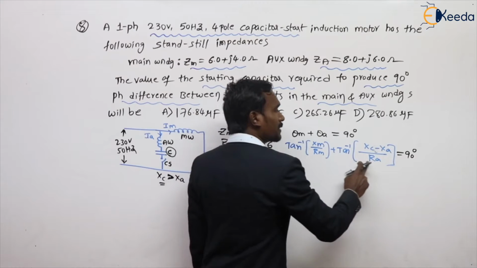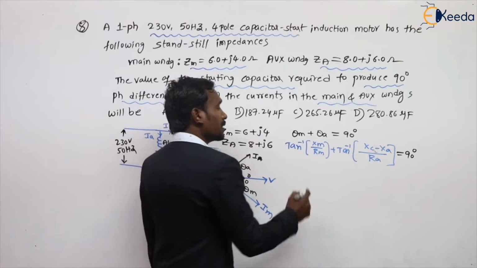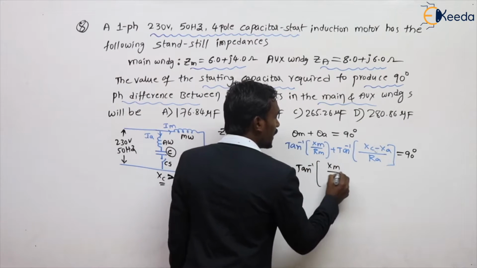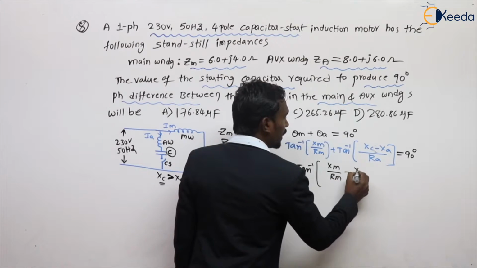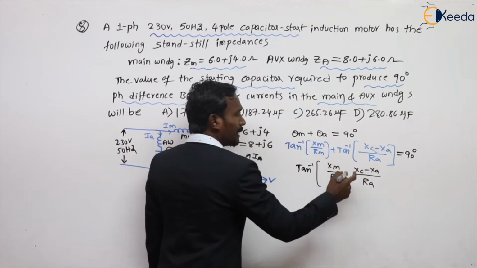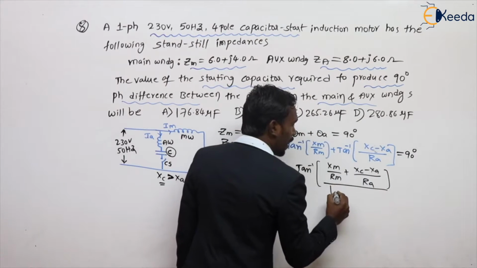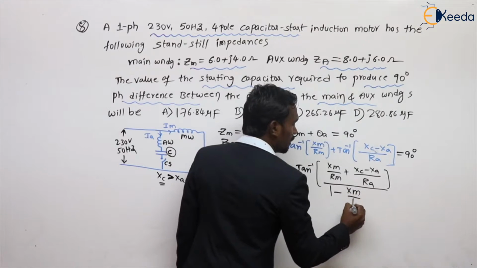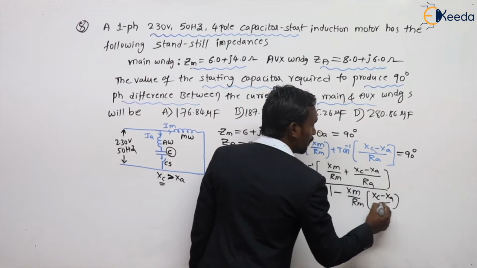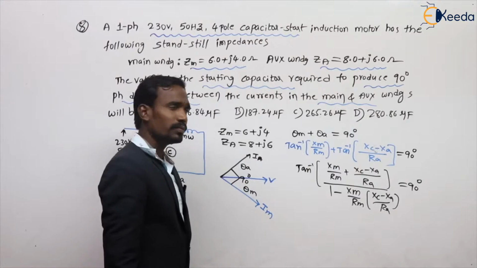Tan inverse of A plus tan inverse of B is tan inverse of (A plus B) by (1 minus AB), and this is equal to 90 degrees.